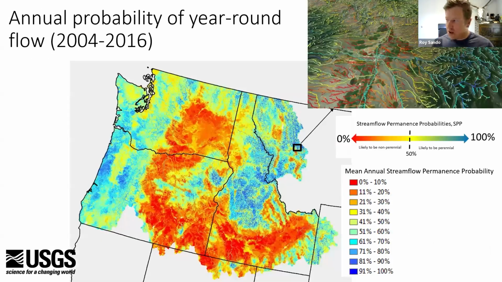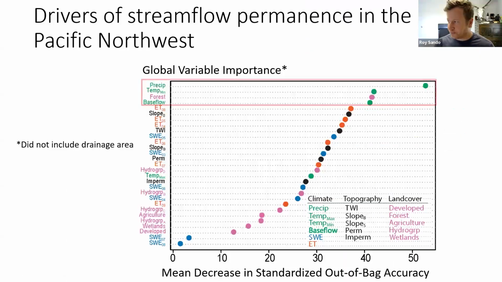So we combined all those into a random forest predictive model, which allowed us to predict annual stream flow permanence at every pixel in the Pacific Northwest from 2004 to 2016. And again, that 2004 to 2016 really was limited by the period of record of our explanatory variables.